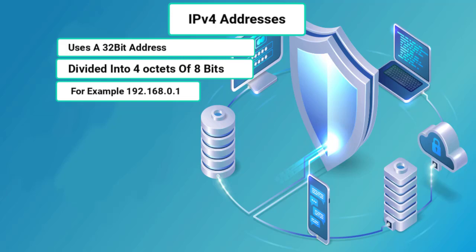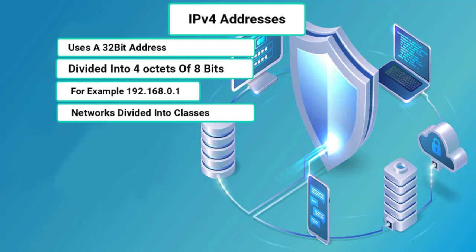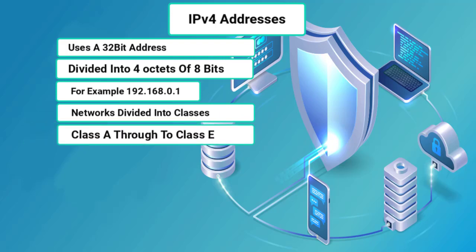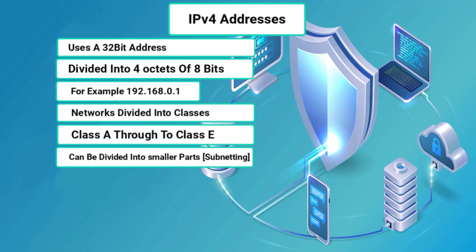Initially, all networking was classified. These classifications ranged from A to E. The number of computers that could be on the network was regulated by the class. These networks may be subdivided into smaller portions through a technique known as subnetting. IP version 4, since it was originally introduced, has been improved and developed. The system of classes imposed constraints on how networks might be created.